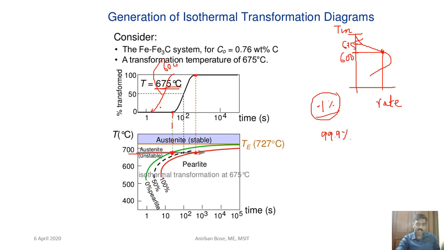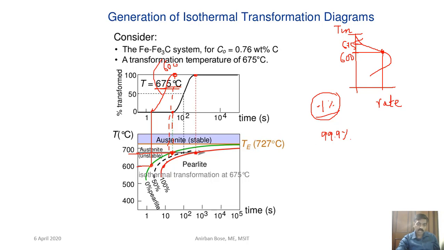At 600 degrees centigrade, the curve. So what is the starting point? You draw this line and you draw this line, and you'll get a point where the transformation starts at 600 degrees centigrade. And when the transformation ends at 600 degrees centigrade, you just draw a line corresponding to that, and you'll get this point where the transformation ends.